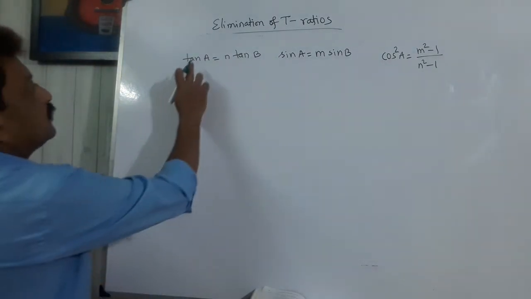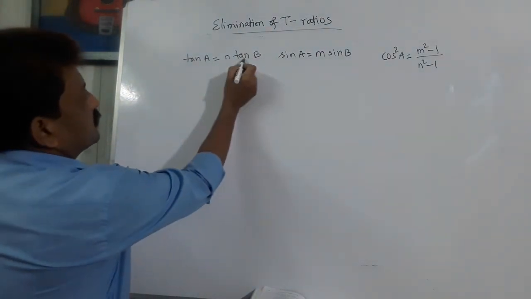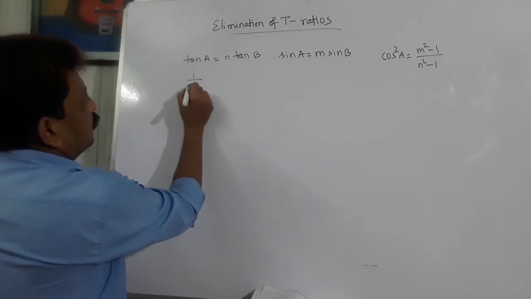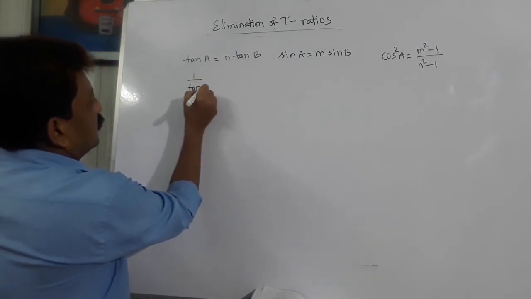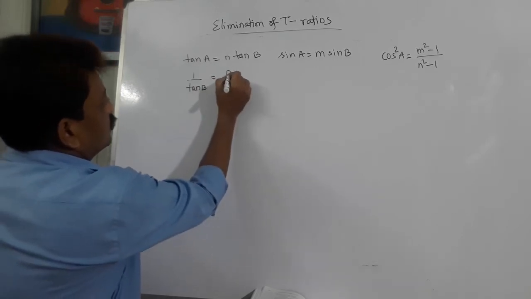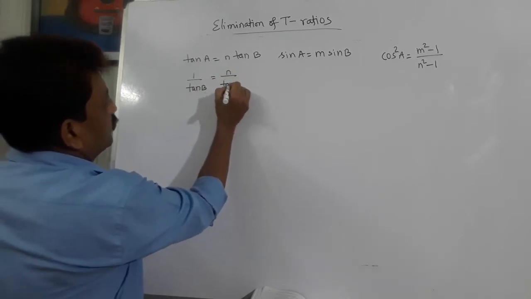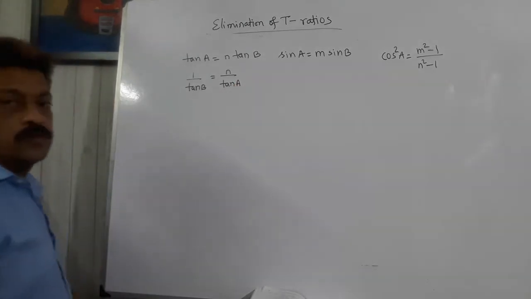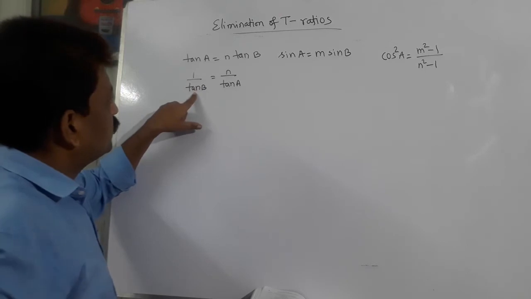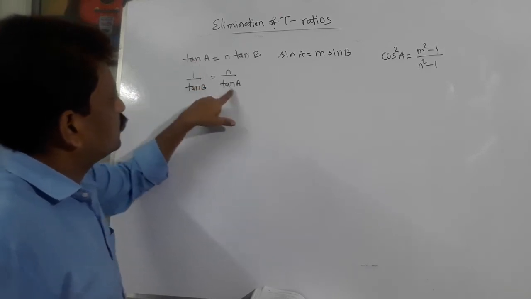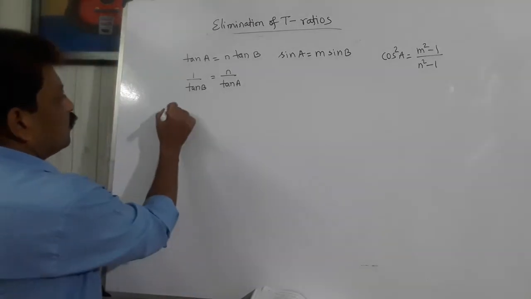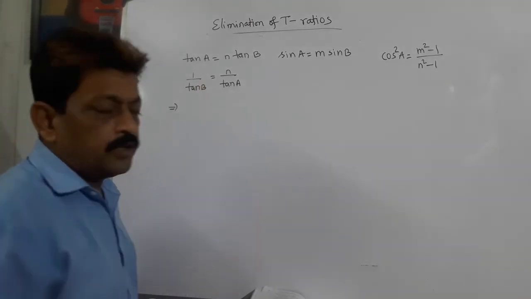So from here we can write just tan B. I am taking this side to the left hand side, so that will become 1 upon tan B, and this tan A will go to the right hand side, so it will become n upon tan A. Just the cross multiplication, okay? So tan B will become 1 upon tan B, and tan A will go to the denominator, it will become n upon tan B. Now what is 1 upon tan B?